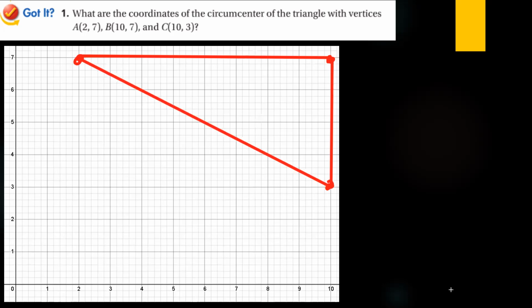After I draw my triangle, I need now to identify where the perpendicular sides are. Now, focus with me. Here it is at point 2, and here it's at point 10. So where will the midpoint be? What is the length of the segment on the x-axis?